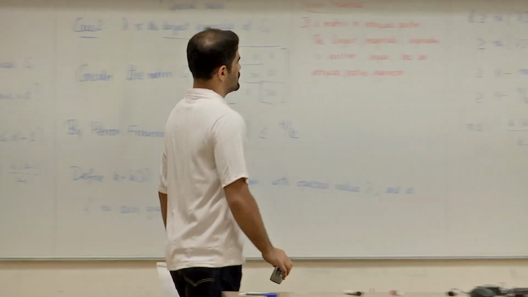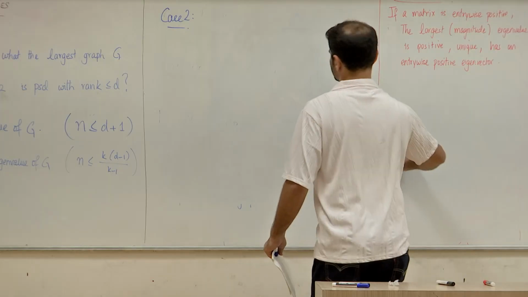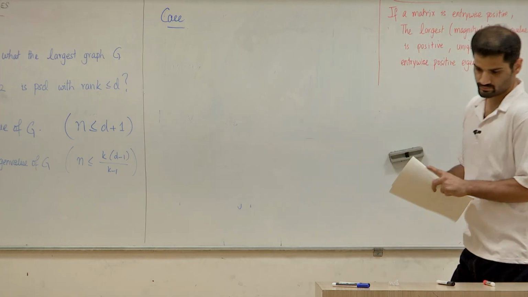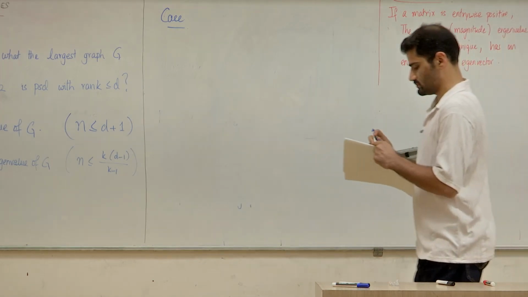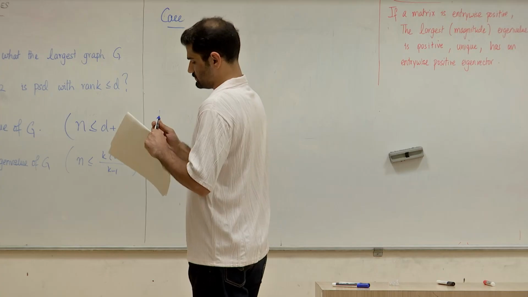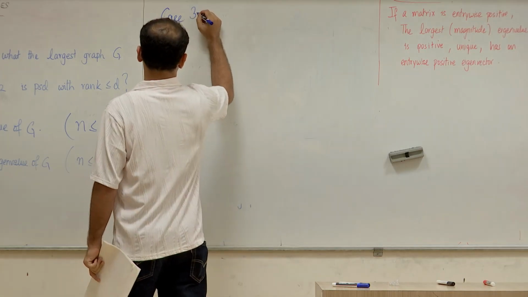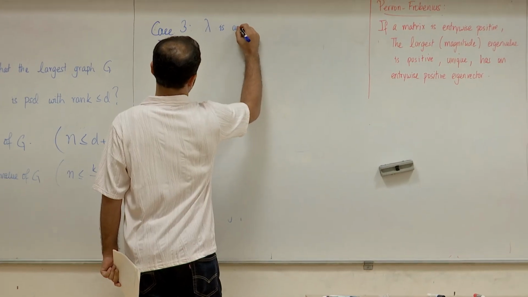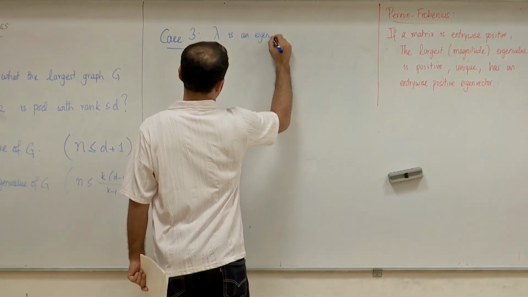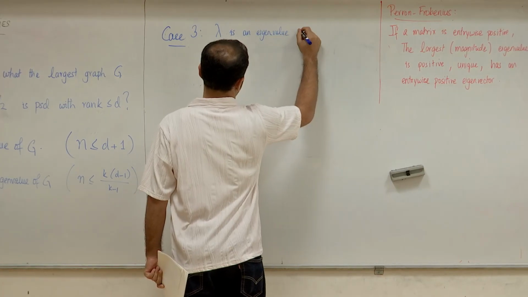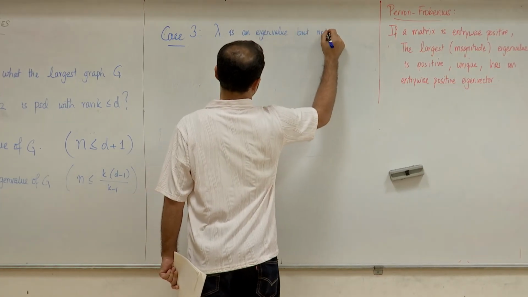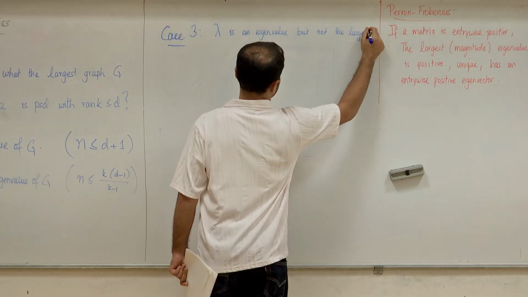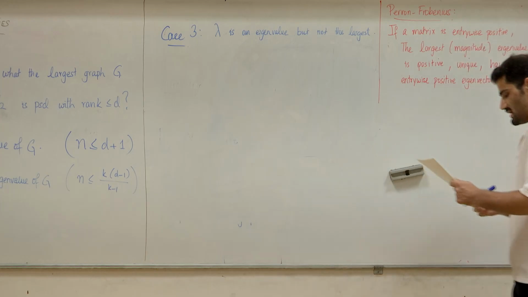Case 3 is what is left. So lambda is an eigenvalue, but not the largest.